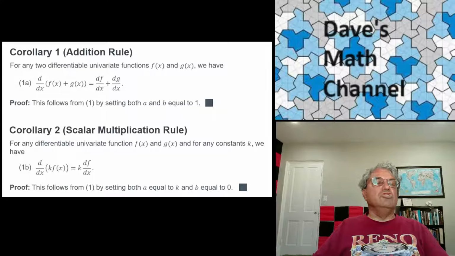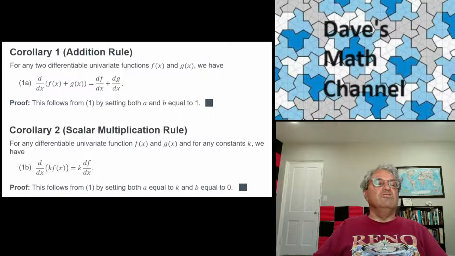And like I said, corollaries. Before I actually prove the full linearity of the derivative, we might as well show that if we assume we do have linearity, which we are going to prove, we get these two very simple corollaries. The first corollary is called the addition rule. This just says if we take the derivative of a sum, we get the sum of the derivatives of the corresponding functions.